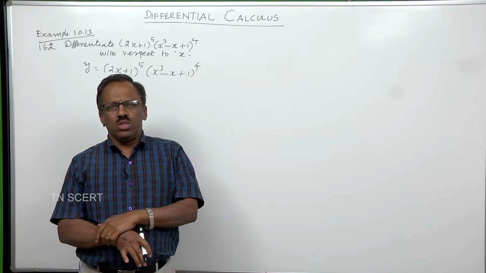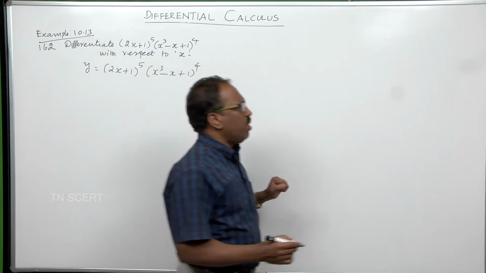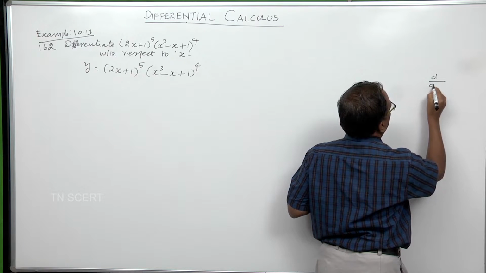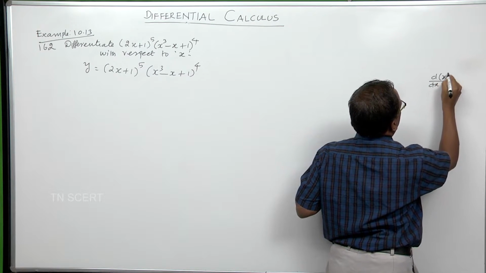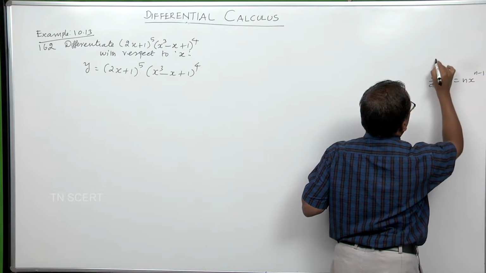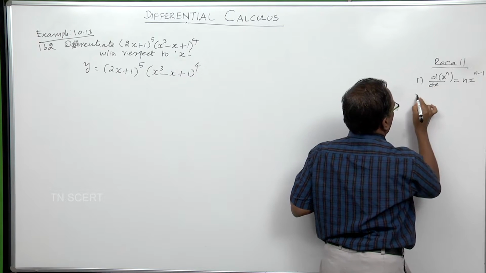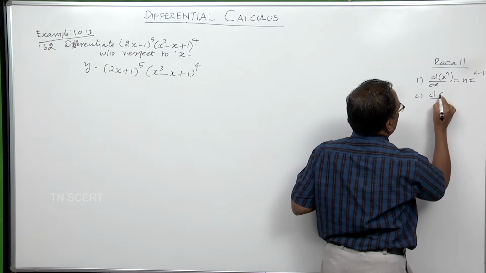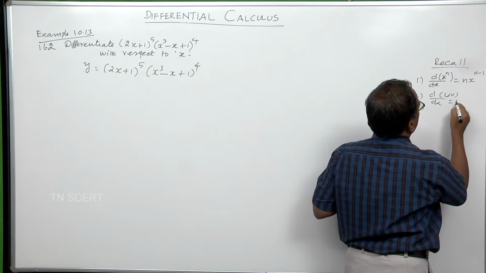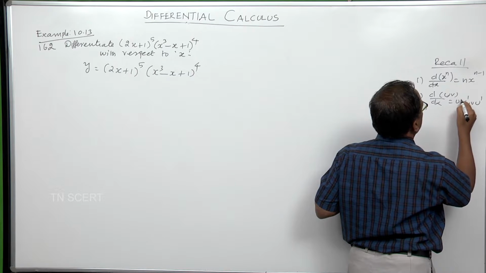Two algebraic functions. How to differentiate an algebraic function? A simple formula, very simple formula: d of x power n is nothing but n x power n minus 1. That was just to recall this formula. And the second one, d of u v: u v dash plus v u dash, remember that.